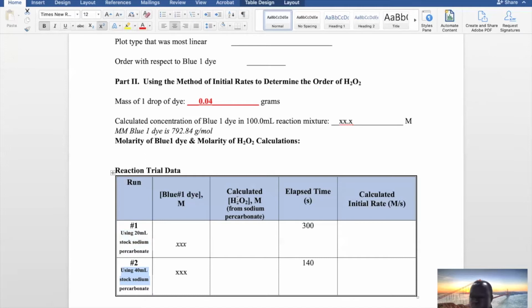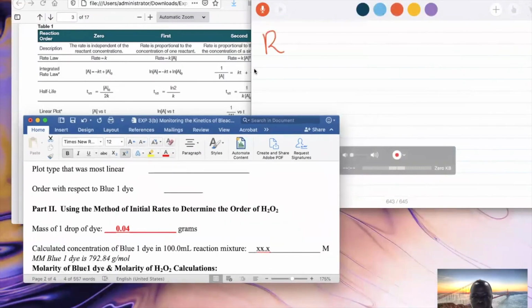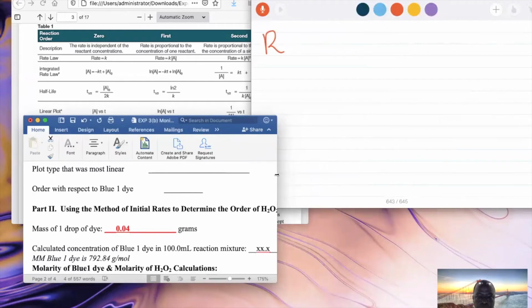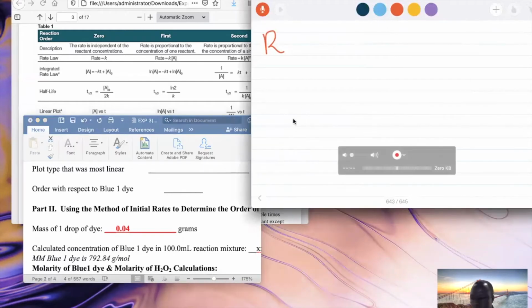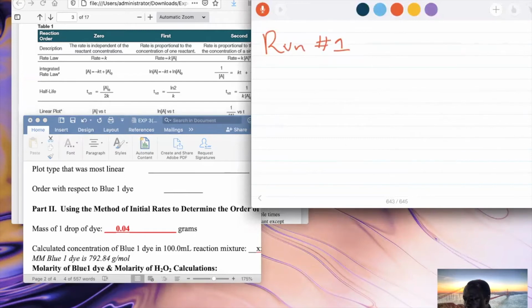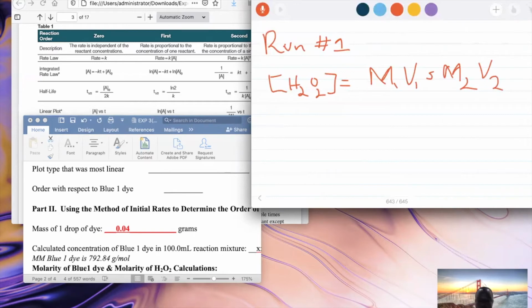To get the concentration of peroxide in run one, we'll use M1 V1 equals M2 V2, the dilution law.